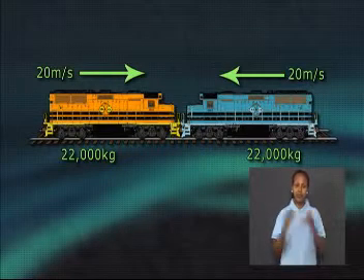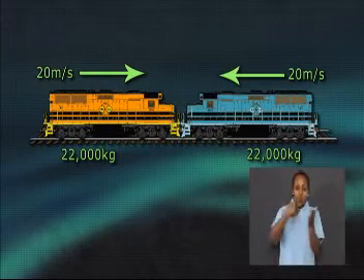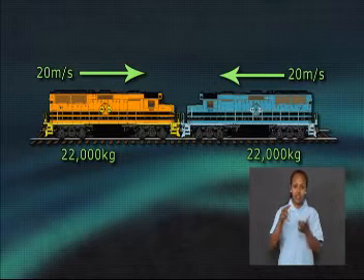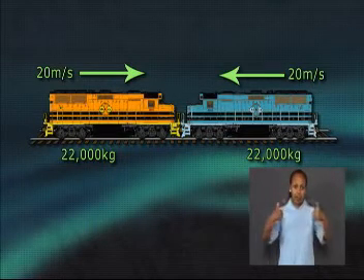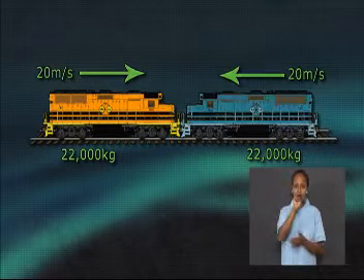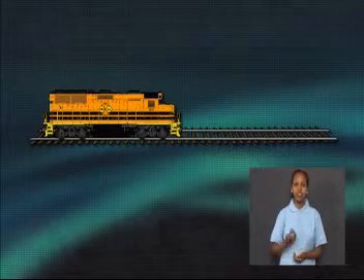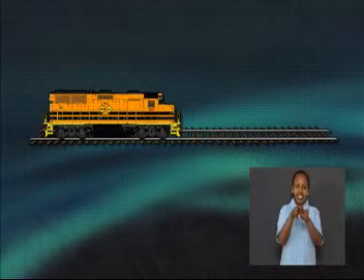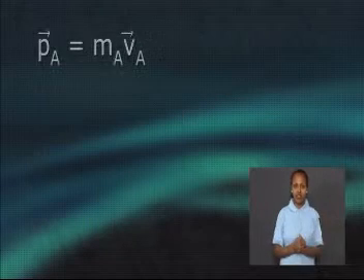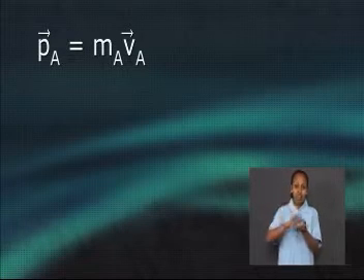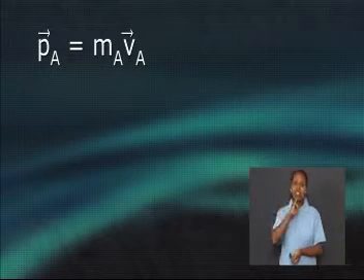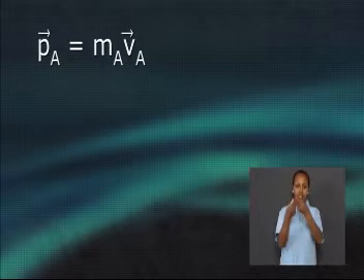To calculate the total momentum of both trains, we must consider each separately to resolve their momentum. We will begin with the train on the left. The momentum is once again given by P is equal to m times v.